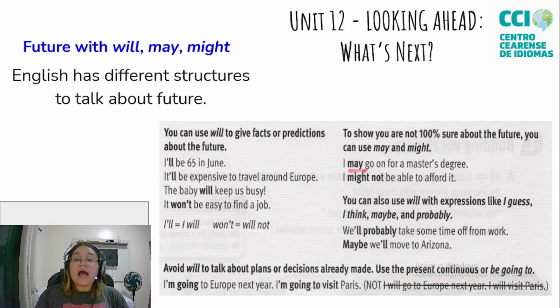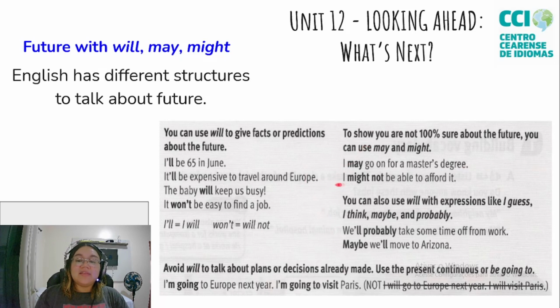So I may go on for a master's degree. If you are in college, you may not be sure, you can be undecided about going to a master's degree. So you may go or you may not go.